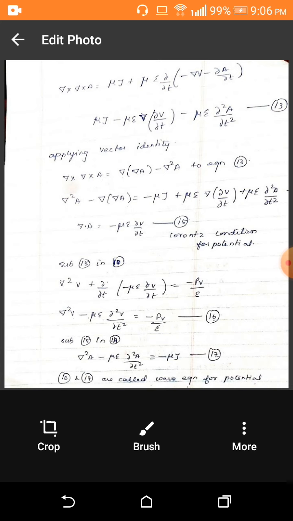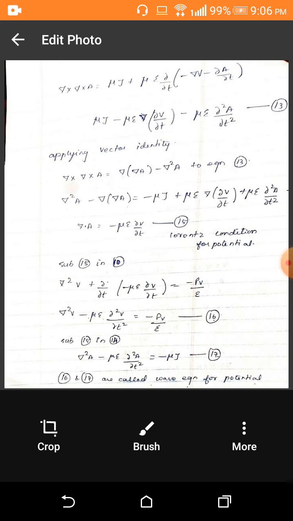Now, substituting this del dot A in the previous expression, we get two equations. Those are called the wave equation for the electric potential and the wave equation for the magnetic potential.